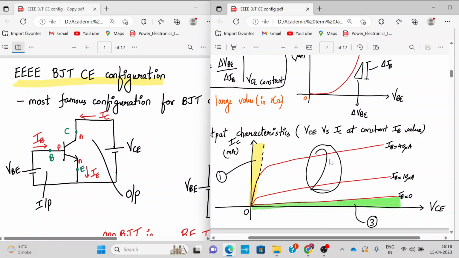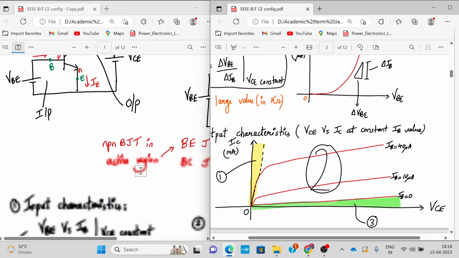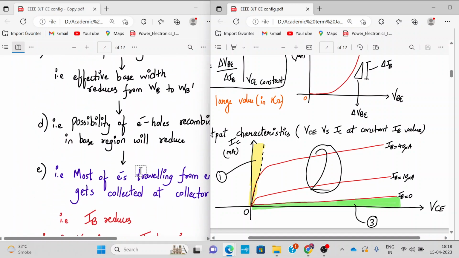The region marked as 2 is the active region, the space between the yellow and the green is my active region. The yellow region is the saturation region and the green one is my cutoff region. We have to explain the behavior of the BJT in these three operating regions in common emitter configuration. So let us understand the working one by one.